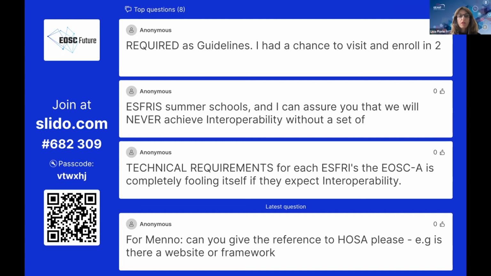Actually, Paolo, maybe we can pick this together. So there are a couple of aspects here. I can sympathize with the need of people to get something prescriptive, and the guideline as such can be very technical, a set of well-defined technical requirements.